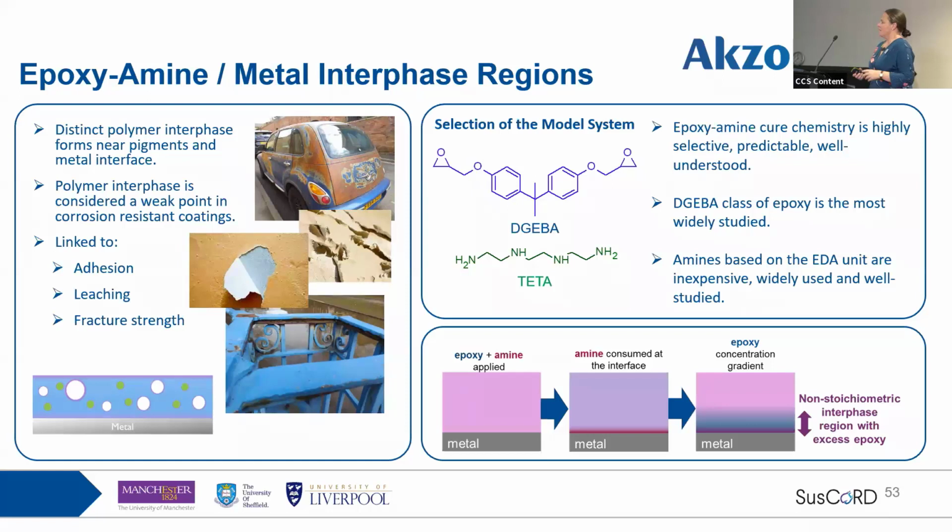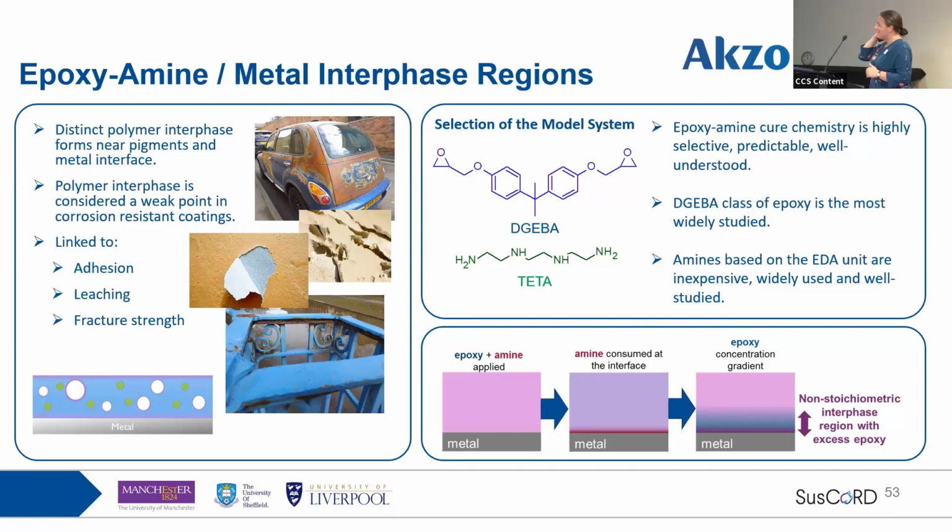So these interphase regions are often considered a weak point, but actually we don't know that much about them. They're very hard to access because they're often buried beneath a great deal of bulk coating. And so this is why we're focusing in this region.